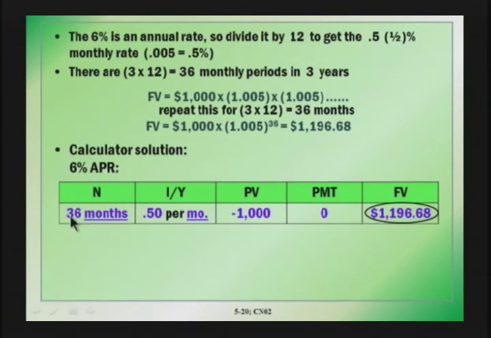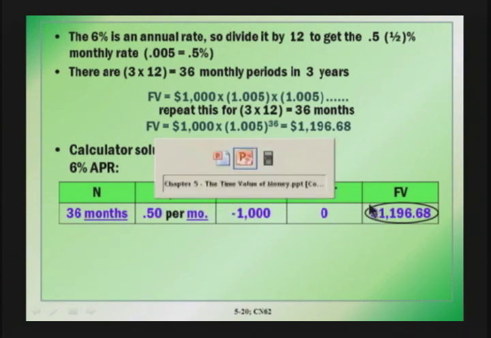I need the number of months, 36 N for the 36 months, and then 0.5 is my 1/2 of 1% interest rate per month, 0.5 IY. There's no payment involved. When I do second clear TVM, it should have set all those to 0 anyway, and then I'll compute my future value.